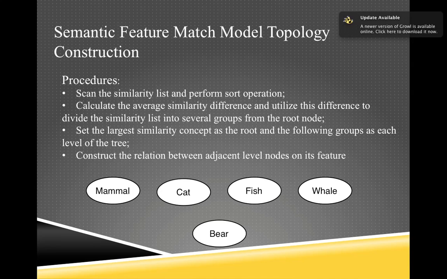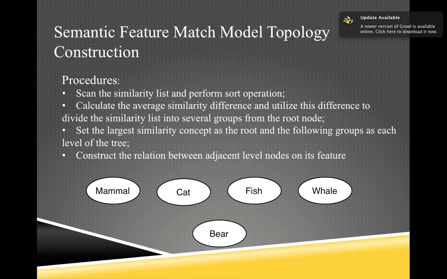After you build this kind of thing, you can build the relations between each level. How to build that? The method is that you go from the second level of the tree and see whether the word in this level has the relation with that level. What does the relation mean? It means whether it has the semantic feature in this level, then in that level.